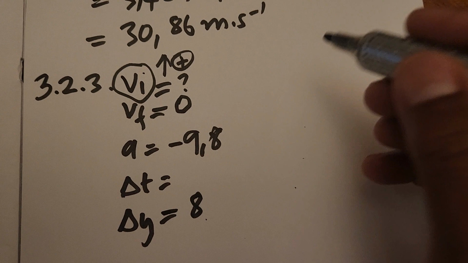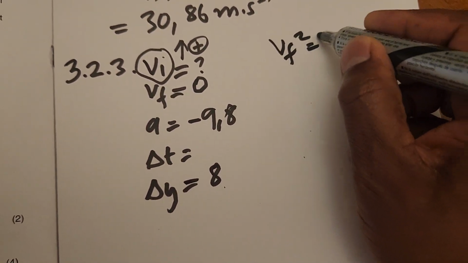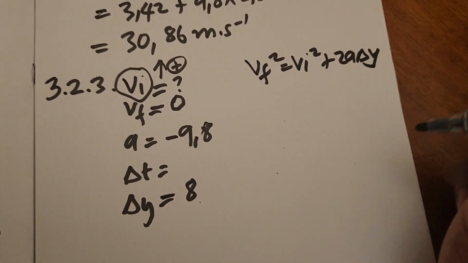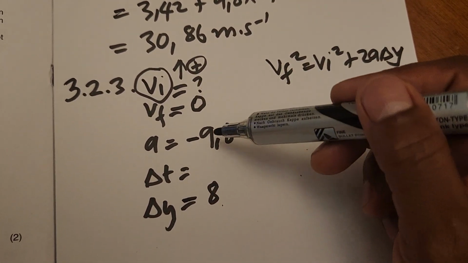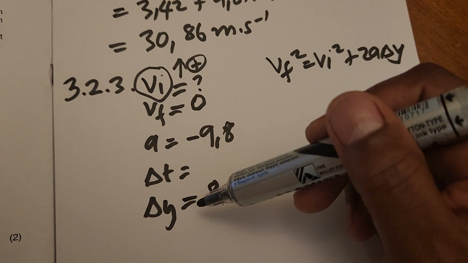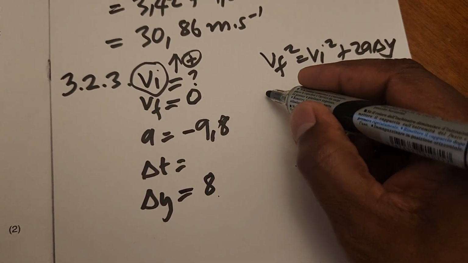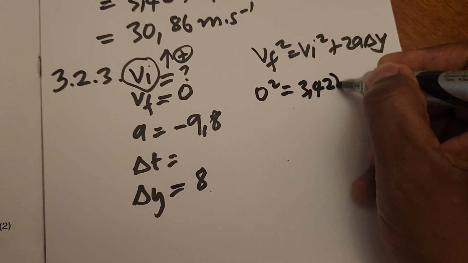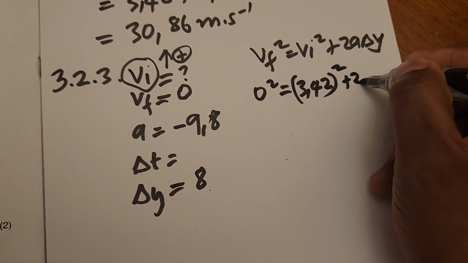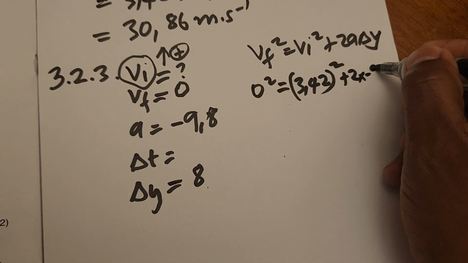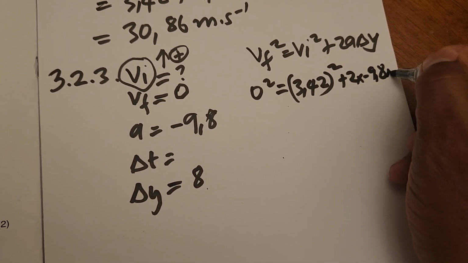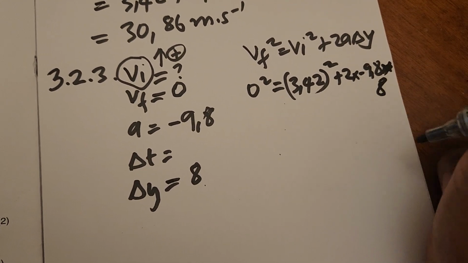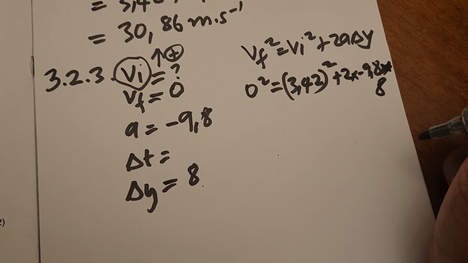There's only one formula. That is VF squared equals VI squared plus 2A delta Y, the formula with VI, A, VF, and delta Y. Therefore, this is 0 squared equals 3.42 squared plus 2 multiplied by negative 9.8 multiplied by 8.